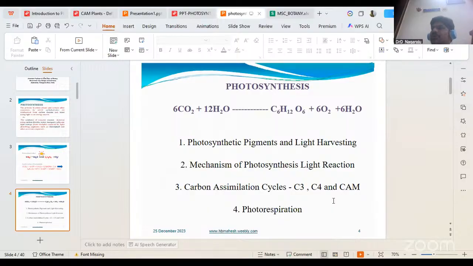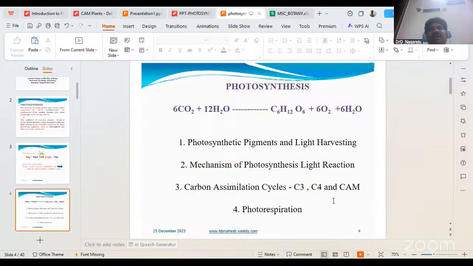The first primary product is a 3 carbon compound, that we call the C3 cycle. We also call it the Calvin cycle. Melvin Calvin first identified and observed this reaction, and for that he got the Nobel Prize also. The first product is PGA, phosphoglyceric acid, a 3 carbon product. That's why it is the C3 cycle.